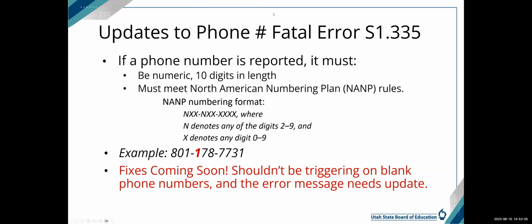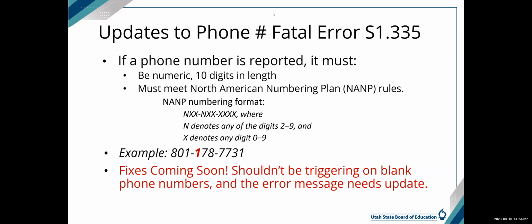But basically, in the 10-digit number, the first and the fourth place can only be digits 2 through 9. So if somebody types in a number that starts with prefix 101, it should trigger this validation error. The rest of the numbers can be any number 0 through 9.